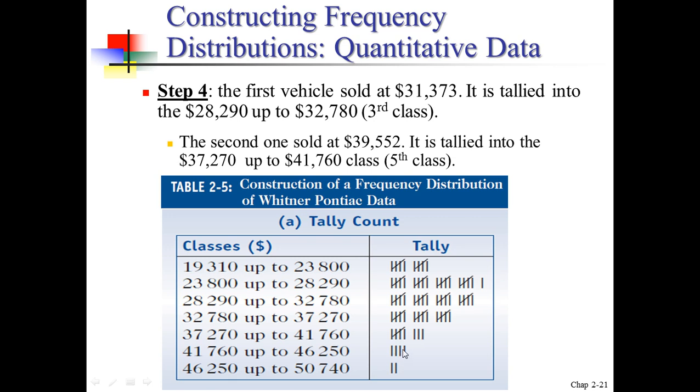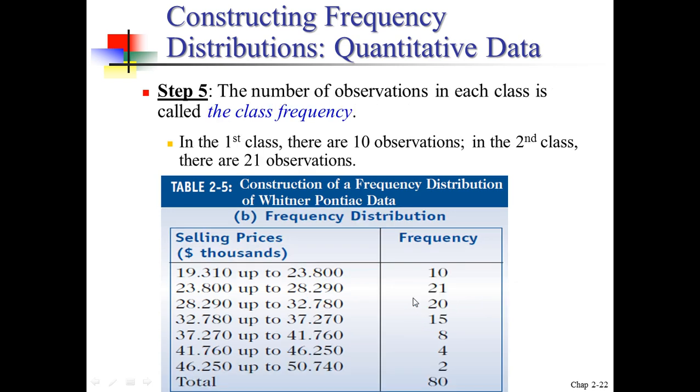No, it's not 5, only 4. This is 2. That's why I just transfer in step 5: count these marks and transfer them into numbers. Step 5 done. When step 5 is done, this is the table for frequency distribution.